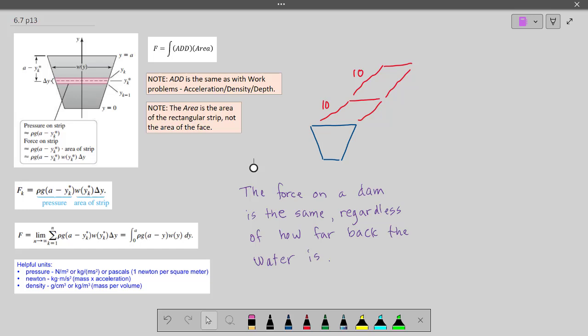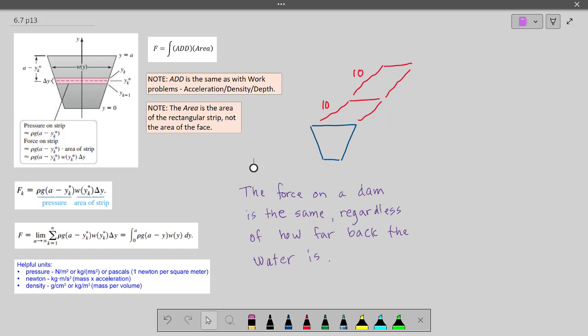And if we take force and multiply it by distance, we get work. So if we were to multiply both sides of these by distance, we'd end up with work on both sides. So force, we just turned the volume into an area and we now have force. And again, the cool thing about hydrostatic pressure is that it doesn't matter how much water is behind the dam, the force is the same. So build it as far back as you can.